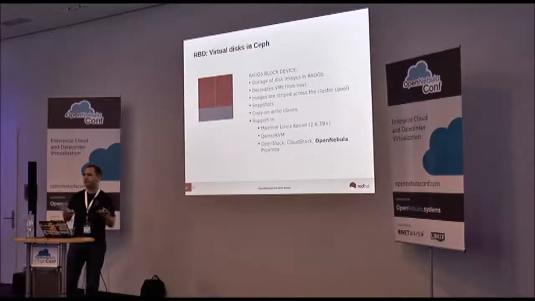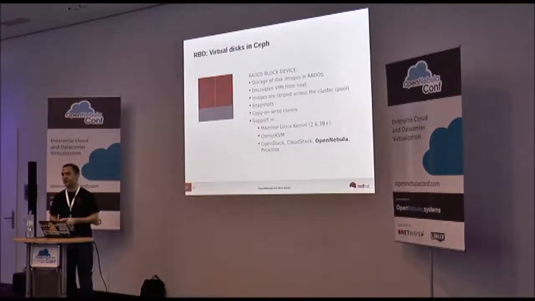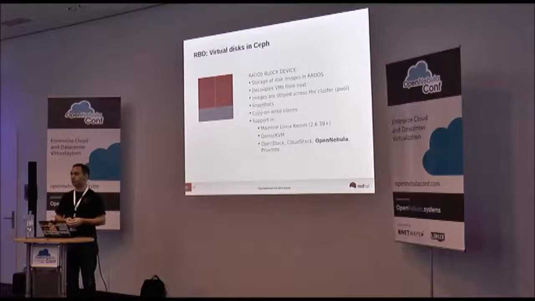Having a shared storage system like RBD allows you to decouple your VMs from the host they're running on. So wherever the VM is running, it can go and get its disk image from the Ceph cluster. And that means that you can readily do things like live migration. The underlying object store provides the ability to do thin copies of objects.